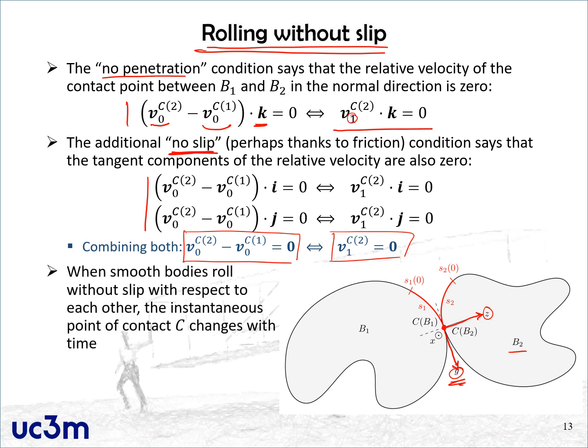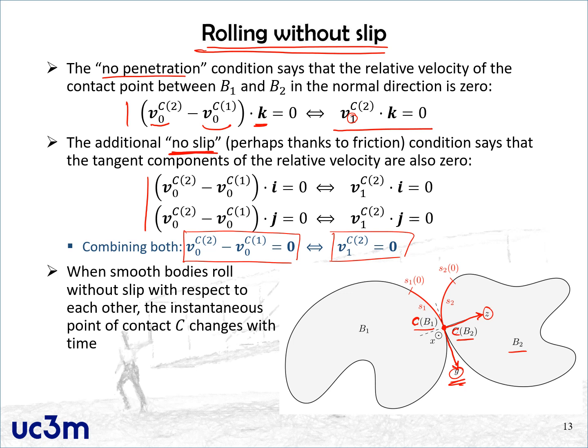As I was saying, when the bodies are sufficiently smooth, they will roll with respect to each other. That means that the instantaneous point of contact, which in the drawing we are calling CB1 and CB2, will be a different point at each instant of time.